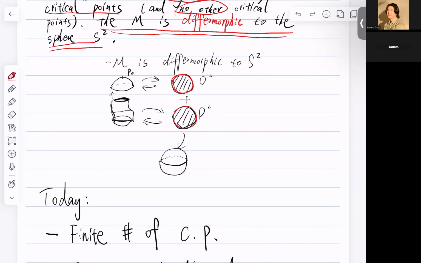The top dome will be diffeomorphic to D2, the disk that lives in two-dimensional space. The bottom one, we attach with our cylinder-looking thing. When we glue those things together, we actually used a lemma that's not covered yet, and I will state it in this lecture for completeness.